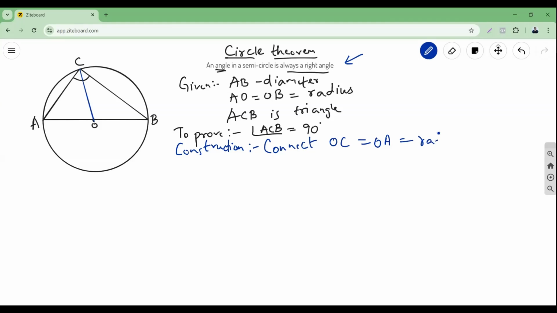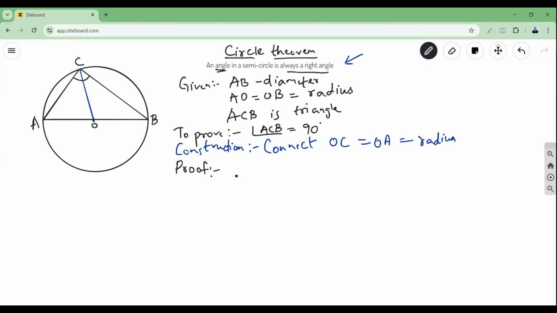So I know this. So I do this construction. Why? Because in that way, in this triangle, OA is equal to OC, it becomes an isosceles triangle. So now I can use the properties of an isosceles triangle also. That's my trick, basically.